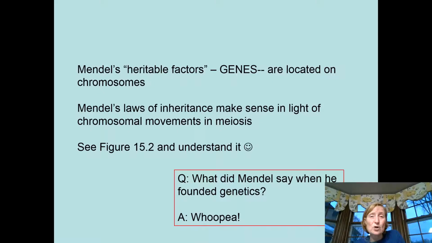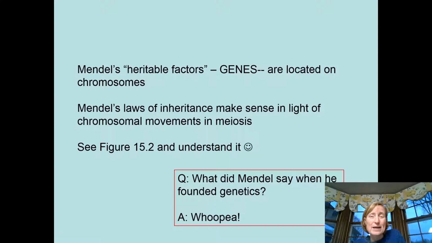At this time, people were starting to look at chromosomes and what was happening to them in mitosis and then in meiosis. And researchers figured out that these heritable factors that Mendel talked about are actually located on chromosomes. And we call these heritable factors genes today.